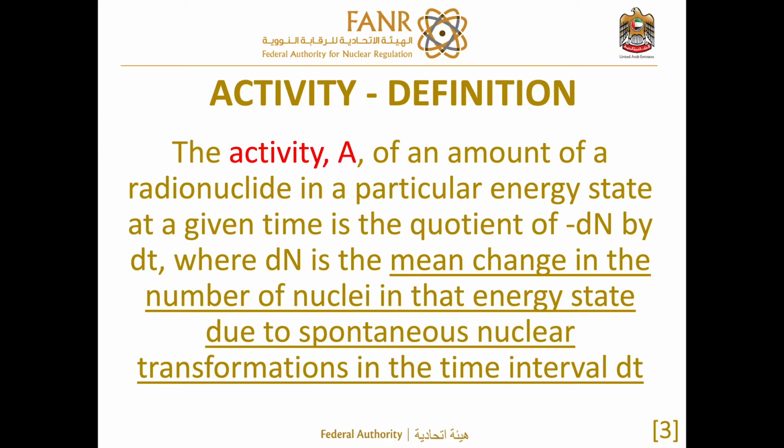So the activity definition: the activity of a sample in a particular energy state at a given time is the ratio between the number of transformations and the unit time, where the number of transformations is the mean change in the number of nuclei in that energy state due to spontaneous nuclear transformations in the time interval dt.